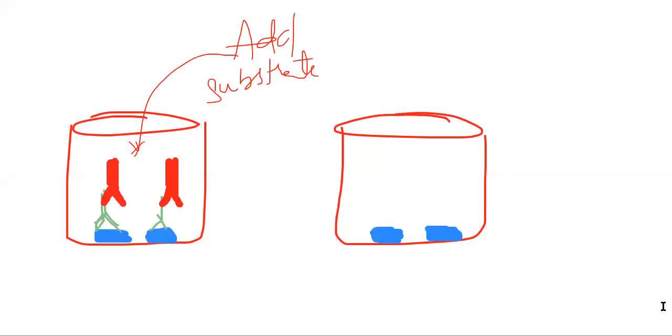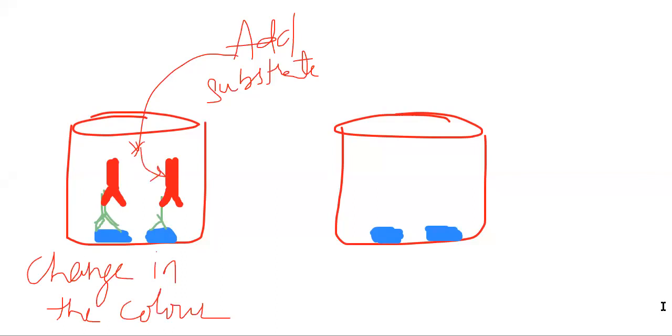If there is a change in the color when you add substrate, the substrate reacts with the enzyme coated on the secondary antibody, and that makes a change in the color. In this case, if the patient antibodies are not there, they can't bind. If they can't bind, the enzyme linked antibodies also can't stay in the microtiter plate. When we absorb them, the free fluid is removed.